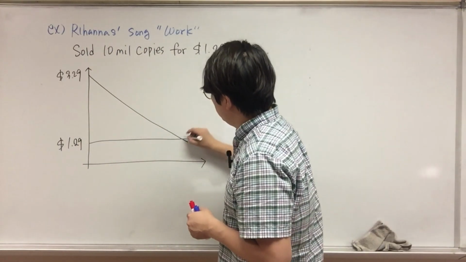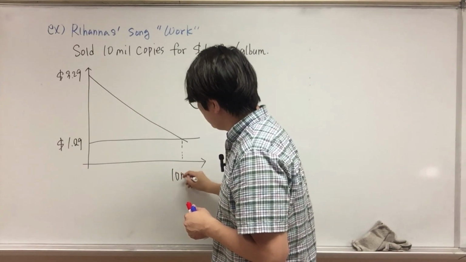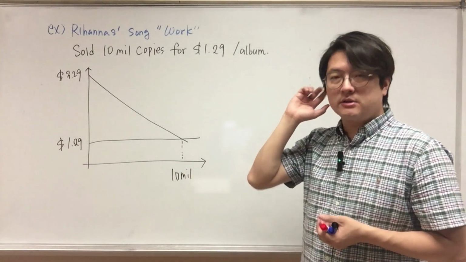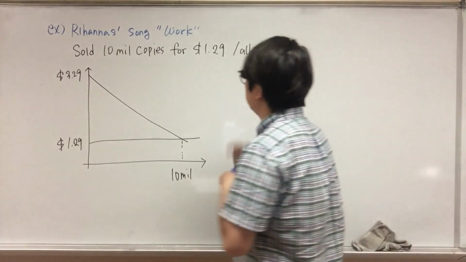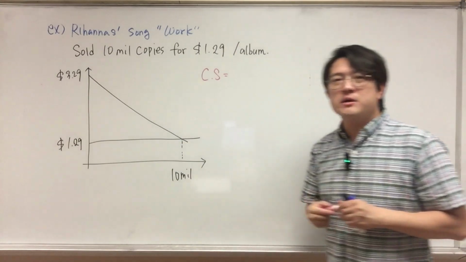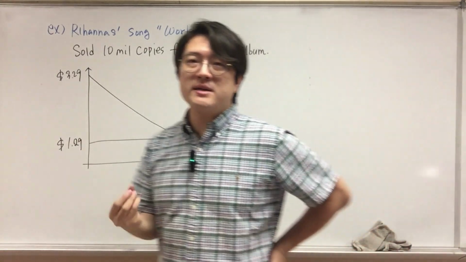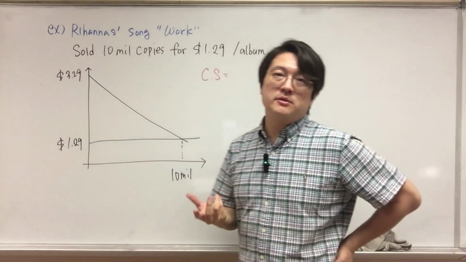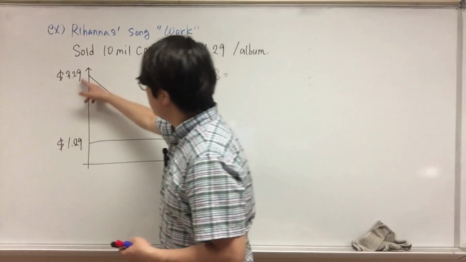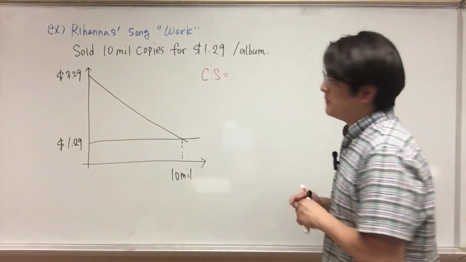Here the quantity is 10 million. So how can you find consumer surplus? The area of consumer surplus is base times height times one half. This one is the height, this one is the base. Correct? What is the height?